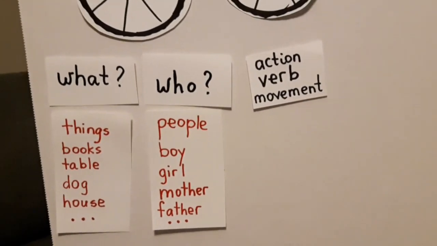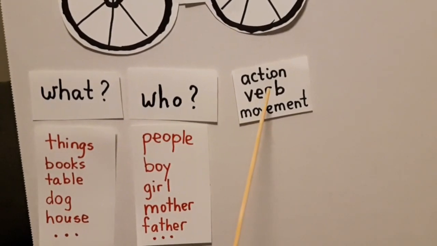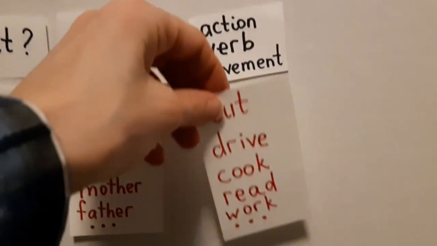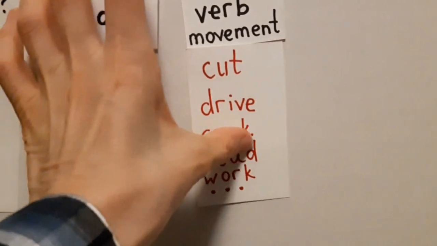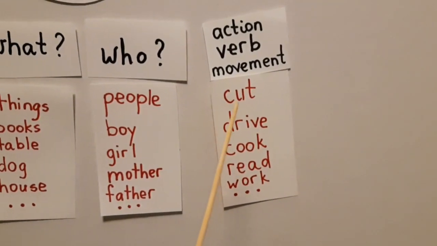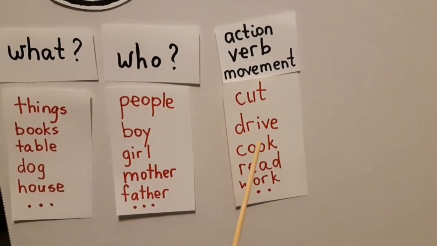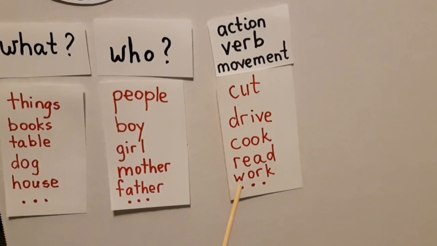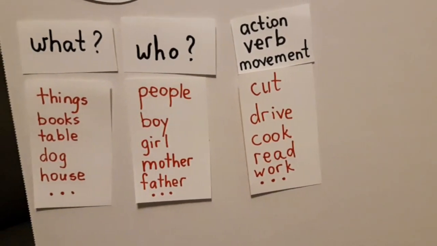When we speak about action words or verbs, we talk about, for example, words like cut, drive, cook, read, or maybe work, and many other words.